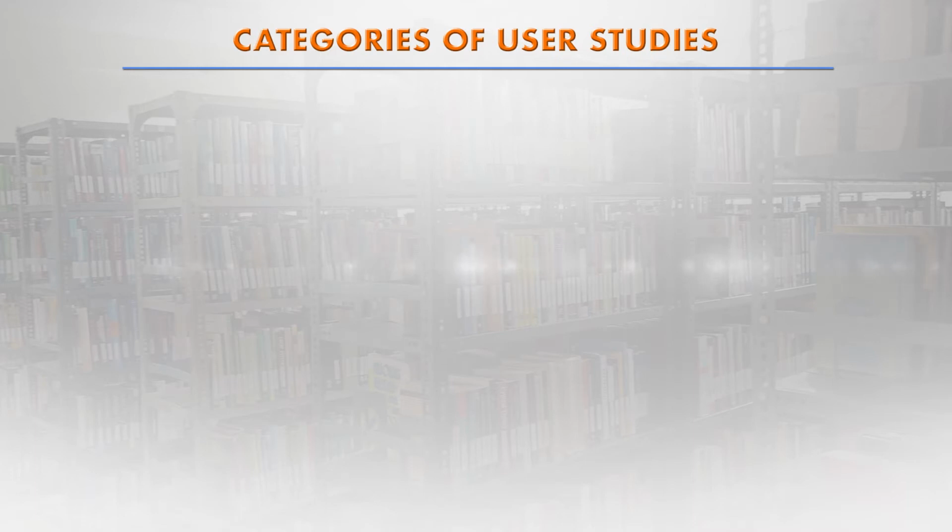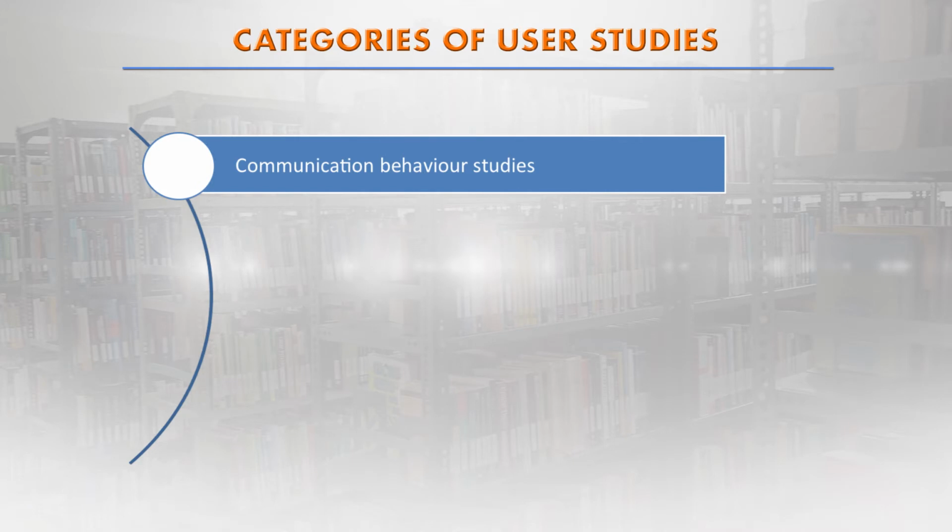Now, different categories of user studies are available. Some are behavioral studies, where you measure how people respond to your different types of communication behavior, like your library staff, how they are communicating, what kind of channels you are using in the communication.